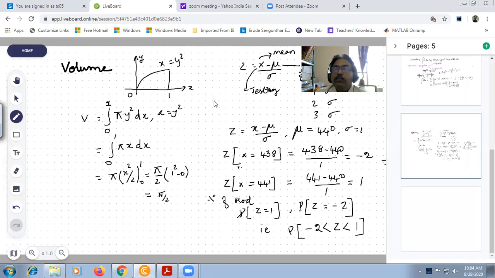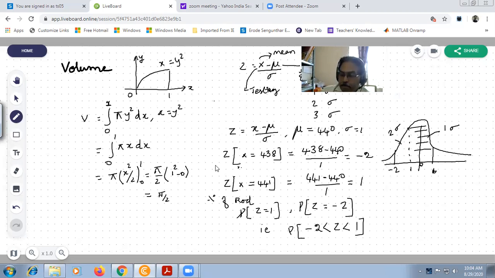1 sigma has area 0.3415, plus 0.1360 gives you 2 sigma.